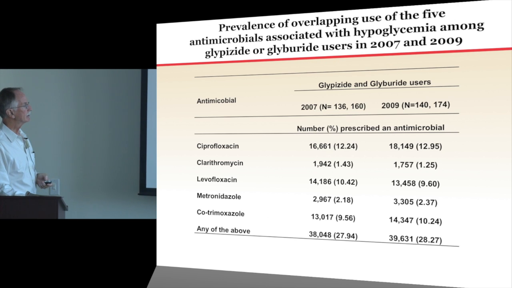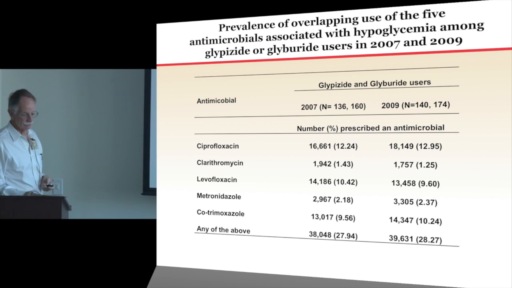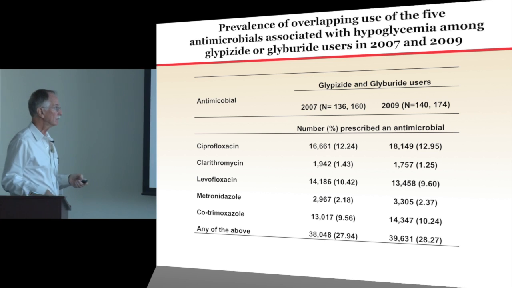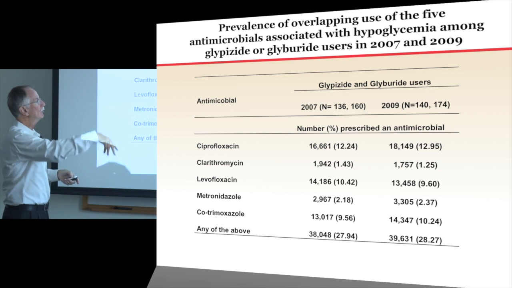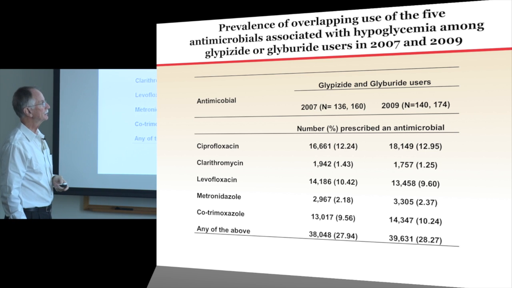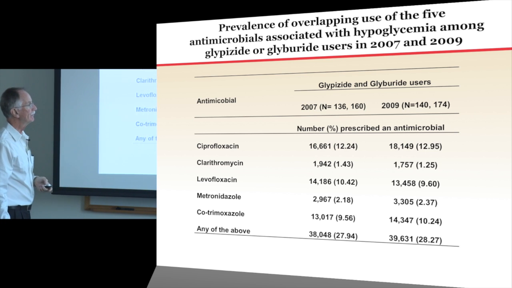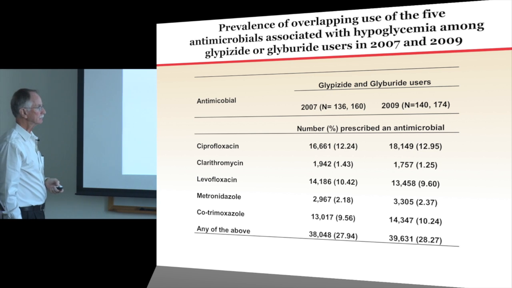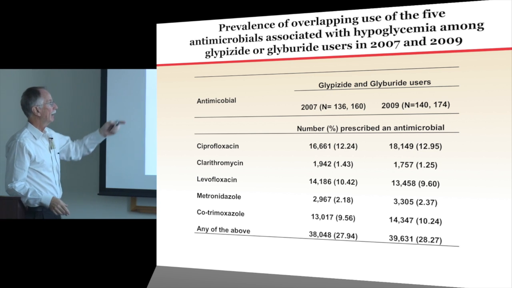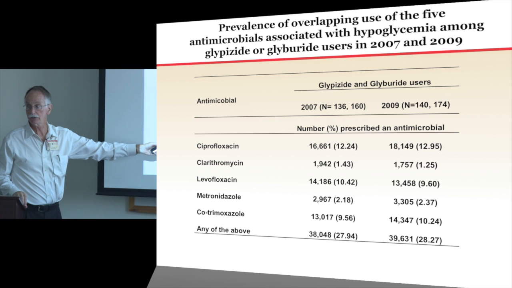Now, the use of these drugs in people on glyburide and glipizide is really quite common. So we just looked at, this is another way of doing it, everyone who was on glyburide and glipizide and found what percent of them in 2007 or 2009 had a prescription for this that overlapped the glipizide or glyburide.